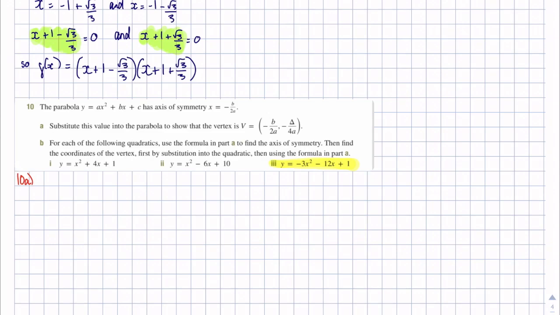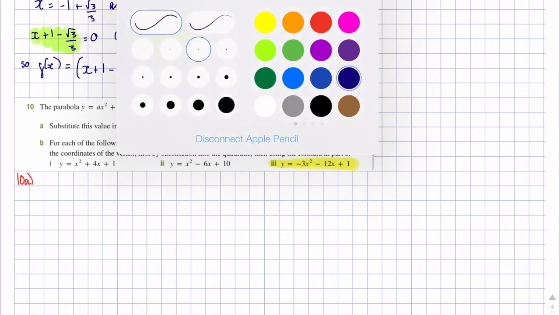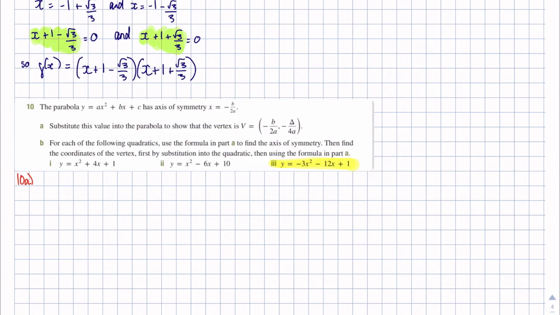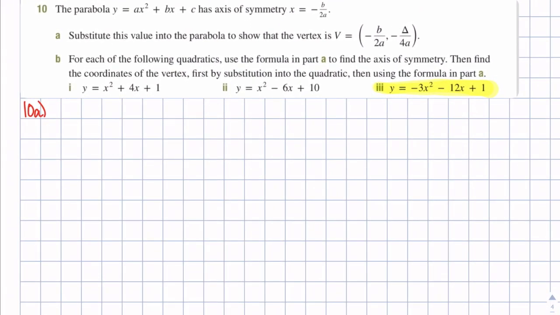Okay, so question 10a. This question's a little bit of a nightmare algebraically, but it's not that hard. All we're doing is substituting this value here, minus b on 2a, everywhere we see x in the equation. We know this is x and this is y.